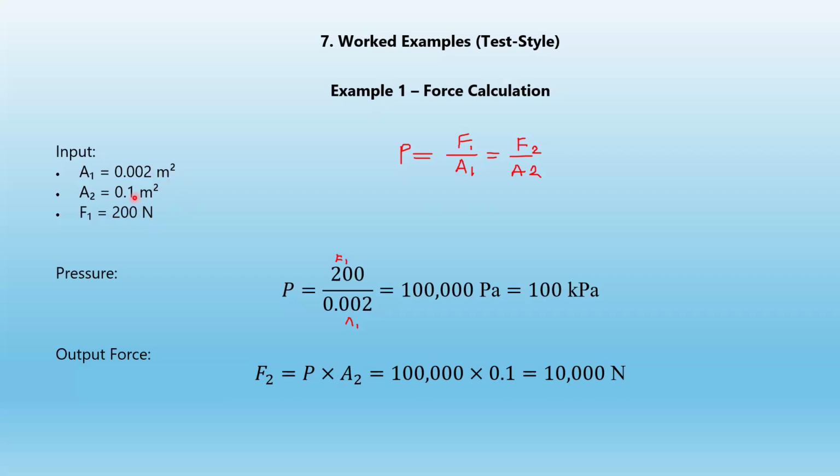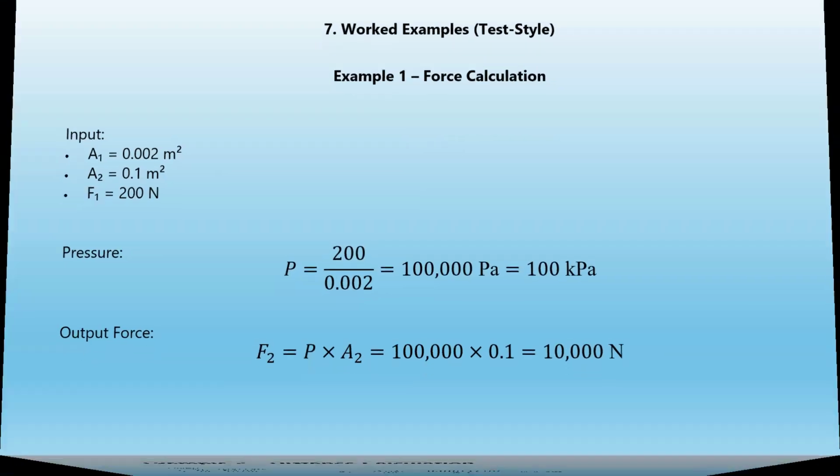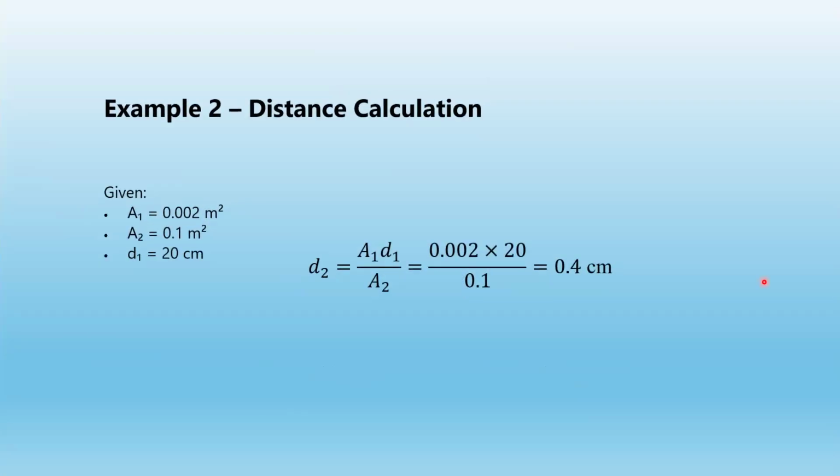So the bigger area is going to end up with the bigger force. It checks out, makes sense. We're gaining the force, but if you look at the other slides, we're going to lose the distance.